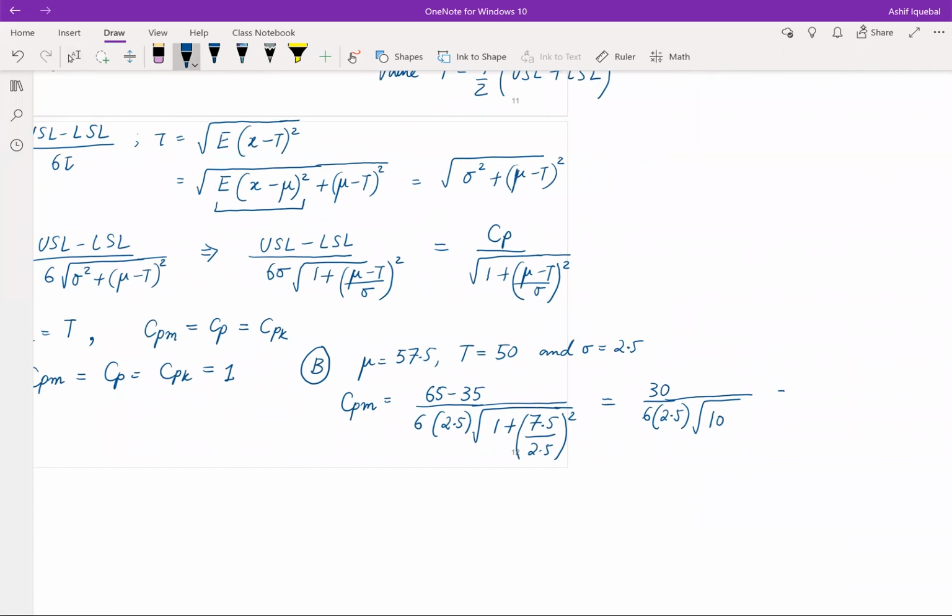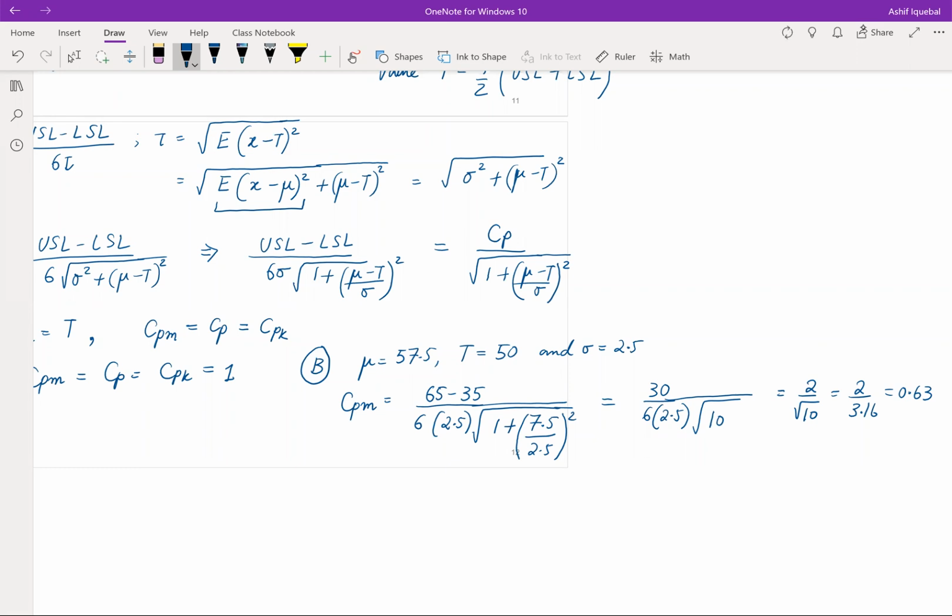I think this should be 2 divided by square root of 10, which is 2 divided by 3.16. So definitely this will be less than 1. It's 0.63, Professor. Awesome. So this is equal to 0.63, right?